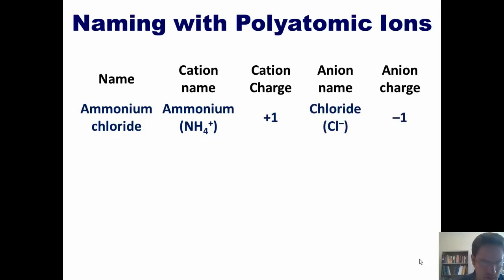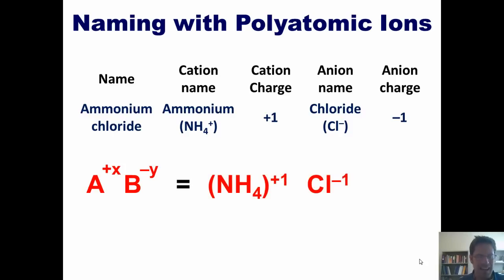It's -1. We now return to this old format of A that has a +X charge combining with B that has a -Y charge. We now have to apply this to this specific example. What is my X, my A, my B, and my Y? Well, in this case, my A is NH4, my X is +1, and my B is Cl, and my -Y is -1.